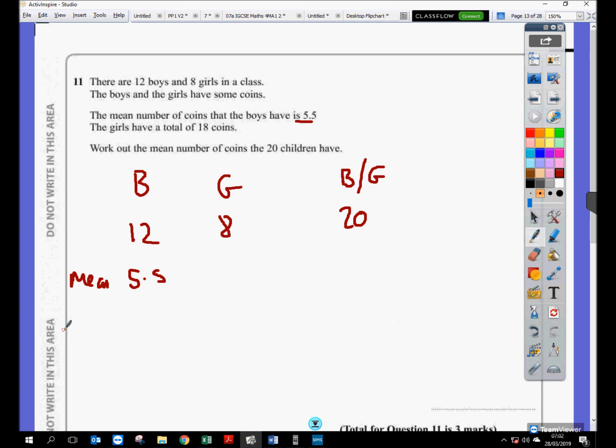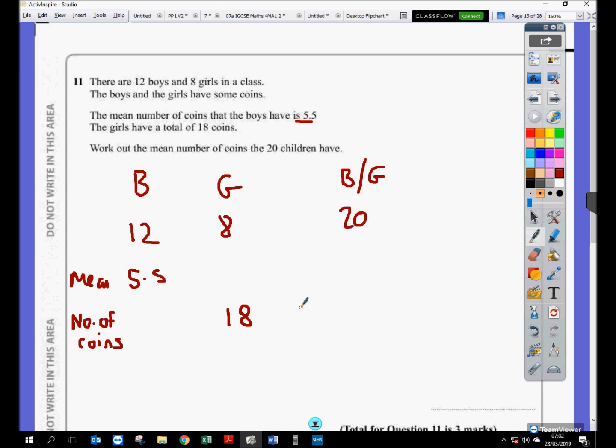Now, there's one other bit of information, which is the number of coins. The girls have a total of 18 coins. Let's think about this. We're not talking about the value of the coins, we're talking about the number of coins. And it's all to do with the mean.